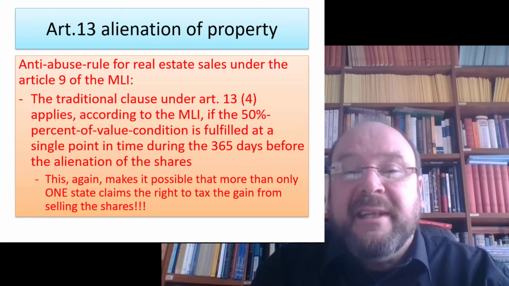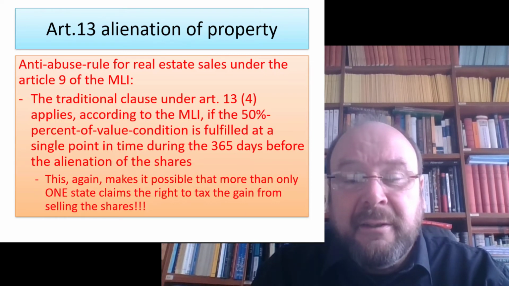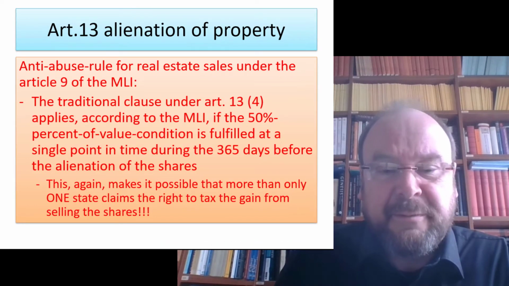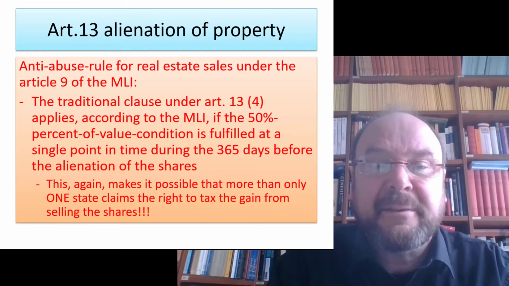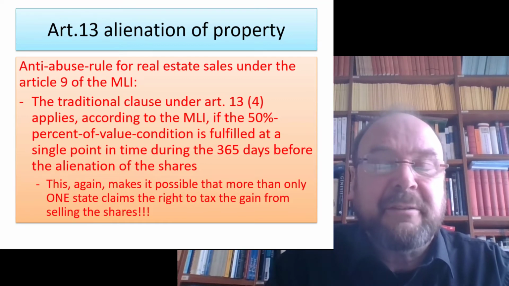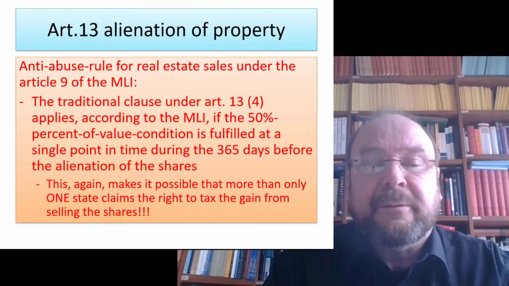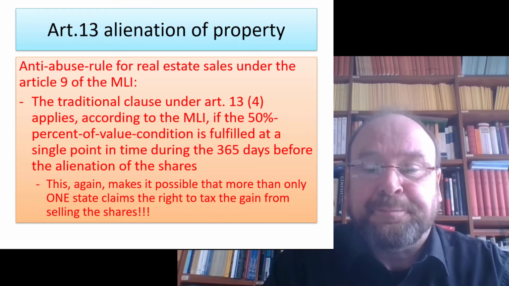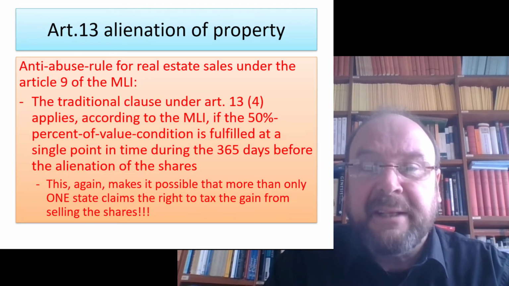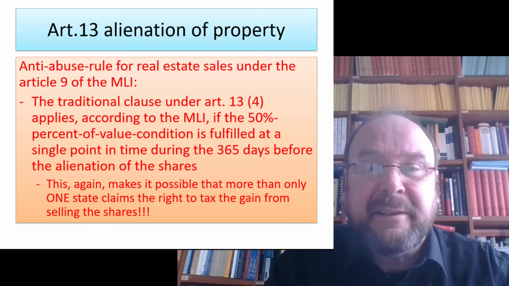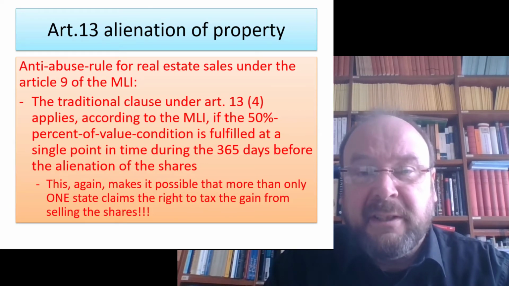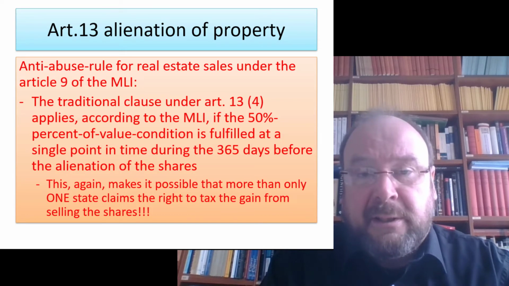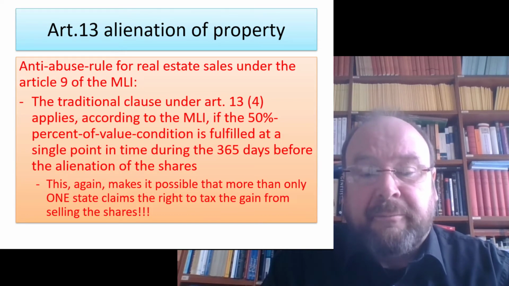Interesting, by the way, is that they didn't write 1 year. It's not fully clear if 365 days was chosen because a year would not have been so precise. For example, a year could have meant the tax assessment period, the calendar year, or indeed a period of 1 year before the sale occurred, and so on.